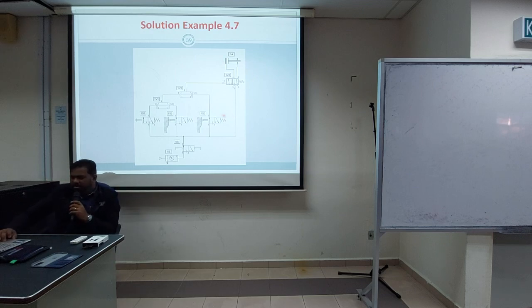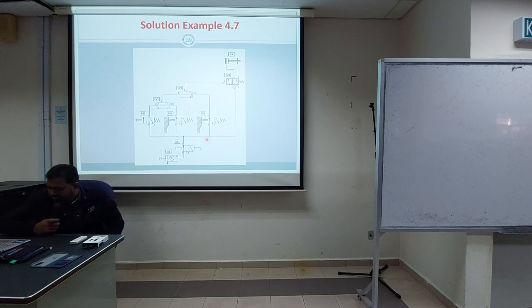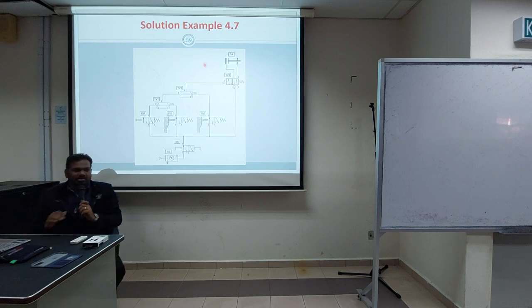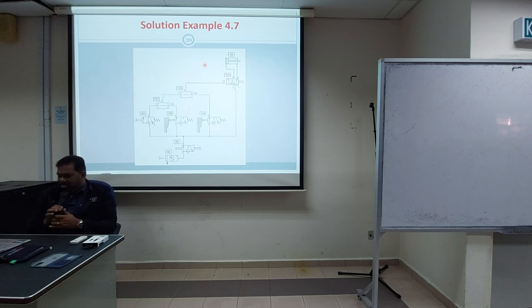Okay, any questions on this picture? Can you understand? Okay, for this subject, for you to answer your final, you must be able to interpret this whole circuit from the start until the end.